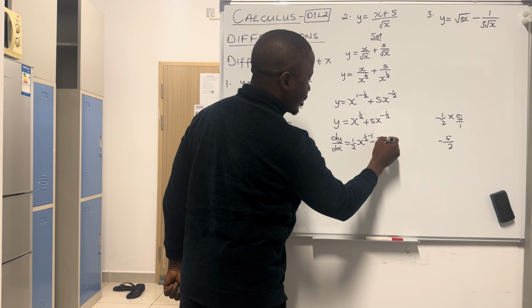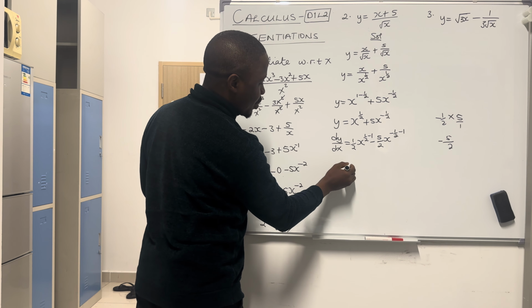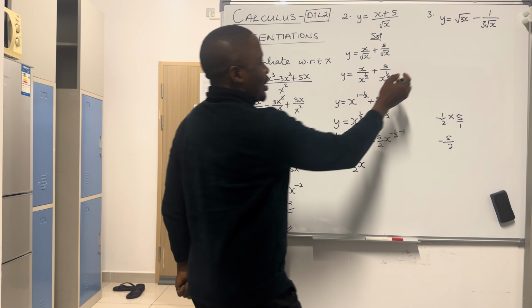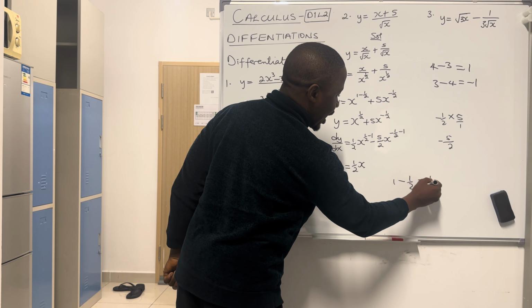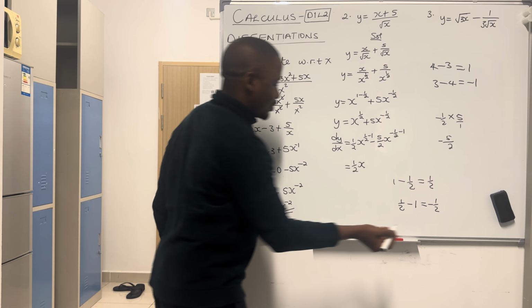Let's not forget to write the base. Then finally, the power minus 1. So we keep going. Half x. 1 minus half is half, so half minus 1 is negative half.